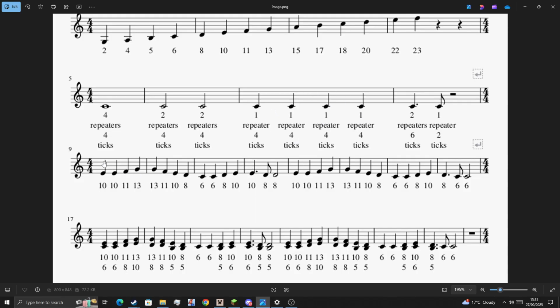Makes sense? 1 repeater, 4 ticks. So we should have, what was it, 13? 1, 2, 3, 4, 5, 6, 7, 8, 9, 10, 11, 12, 13. When you get to here, we notice there's this little black dot here.